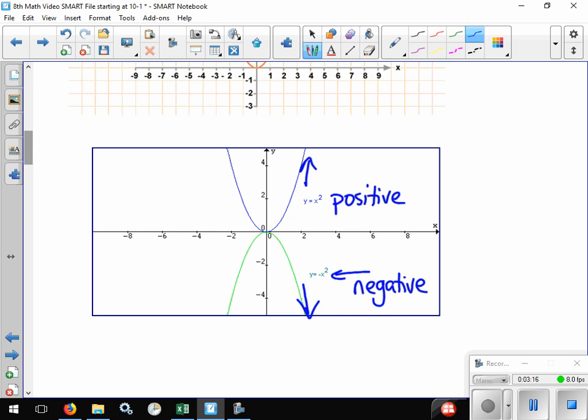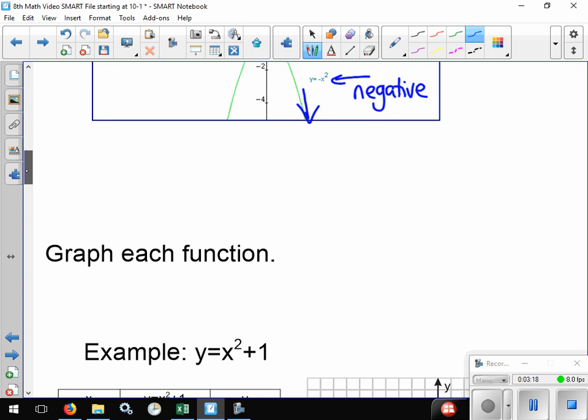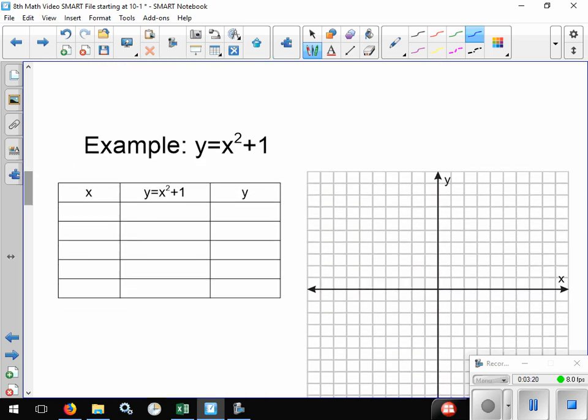Okay, so now we're going to practice drawing. So we have to graph each function. So here, again, we have quadratic functions. Quadratic meaning there's a 2. There, x is to the second power. Okay, so what I need from you is to really give you an example of what a quadratic function looks like. You always want to have a positive and a negative number represented in your table here.